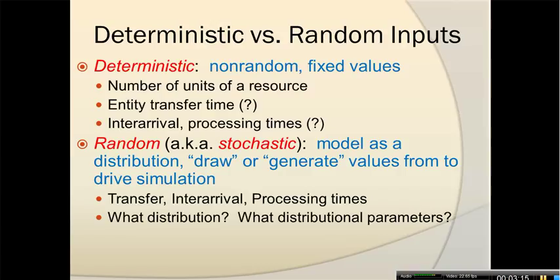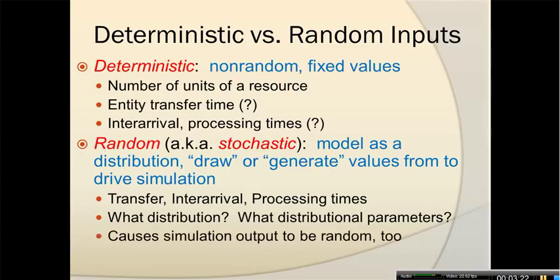So a big question is what distribution we should use, what type of distributional parameters we're going to choose. In order to do that, we need to analyze data and understand through input analysis what distribution to choose and what parameters for that distribution we need to specify.